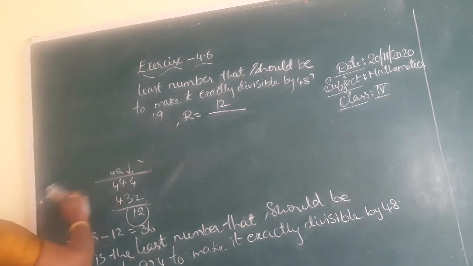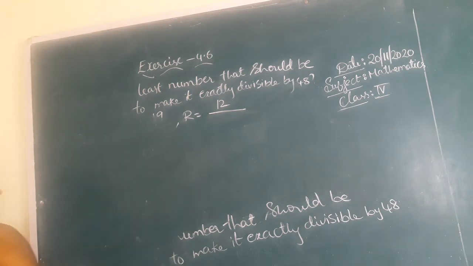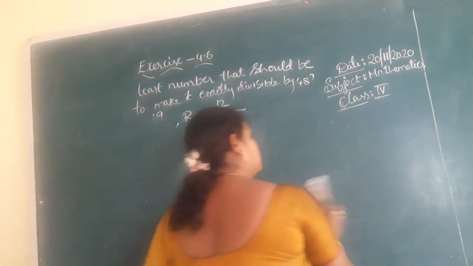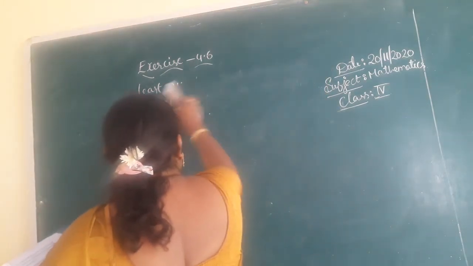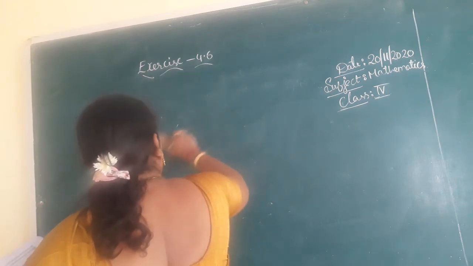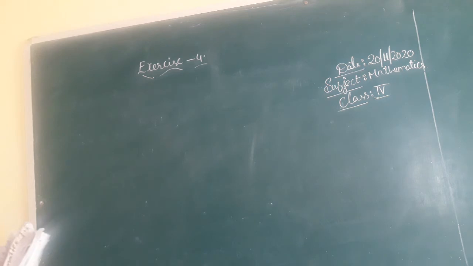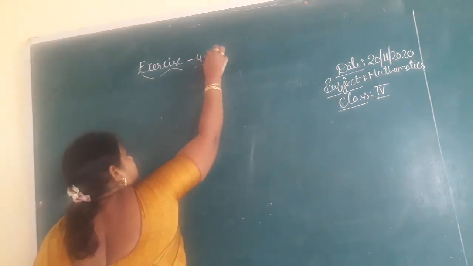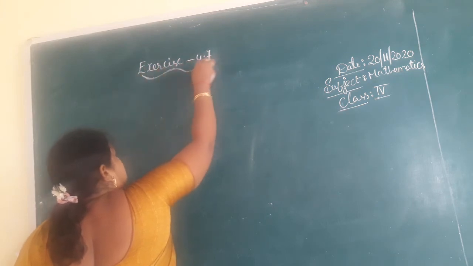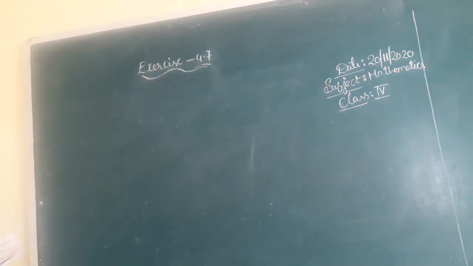Okay, see the questions. Exercise 4.7. In a cycle stand, there are 236 girls' bicycles and 150 boys' cycles.